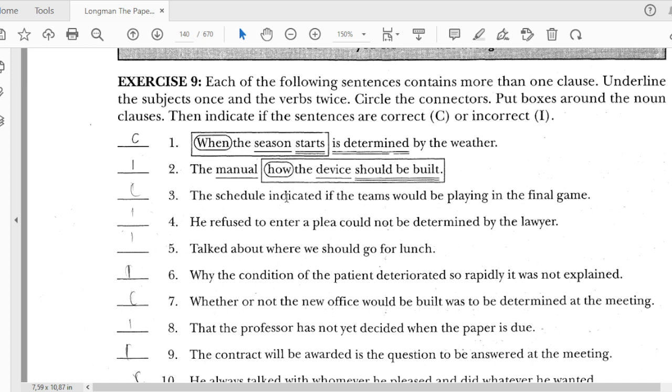Number 3: the schedule indicates if the team would be playing in the final game. The schedule is the subject, indicates is the verb, and if the team would be playing is connected with if.